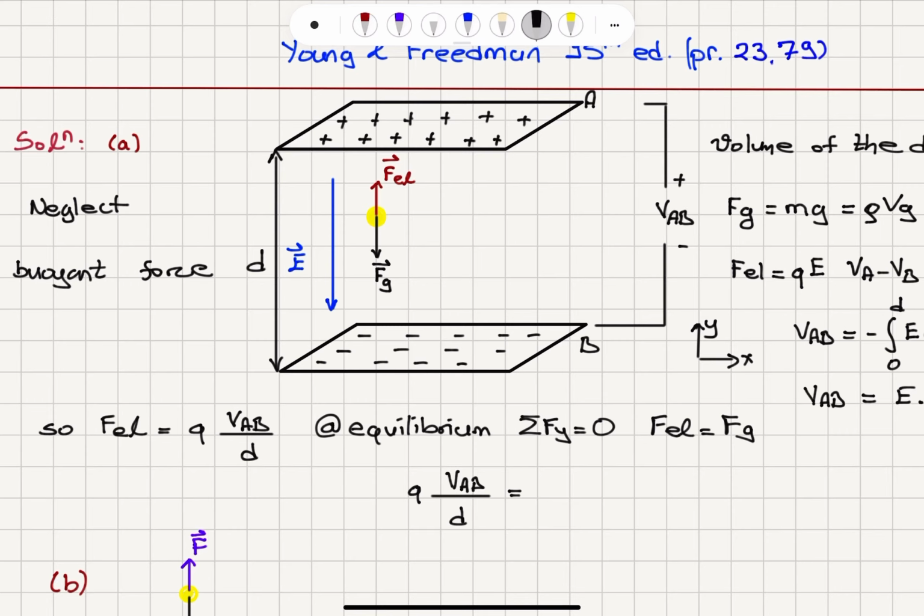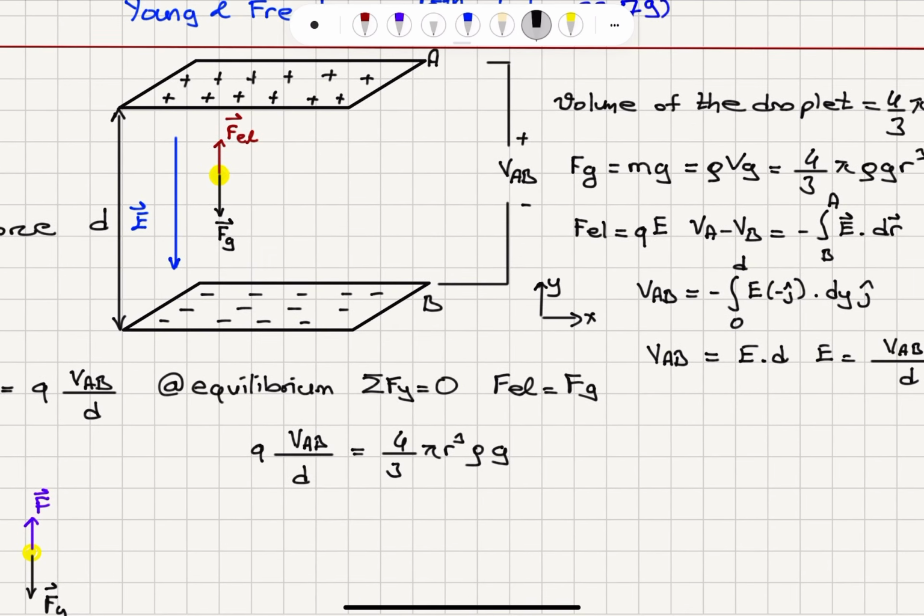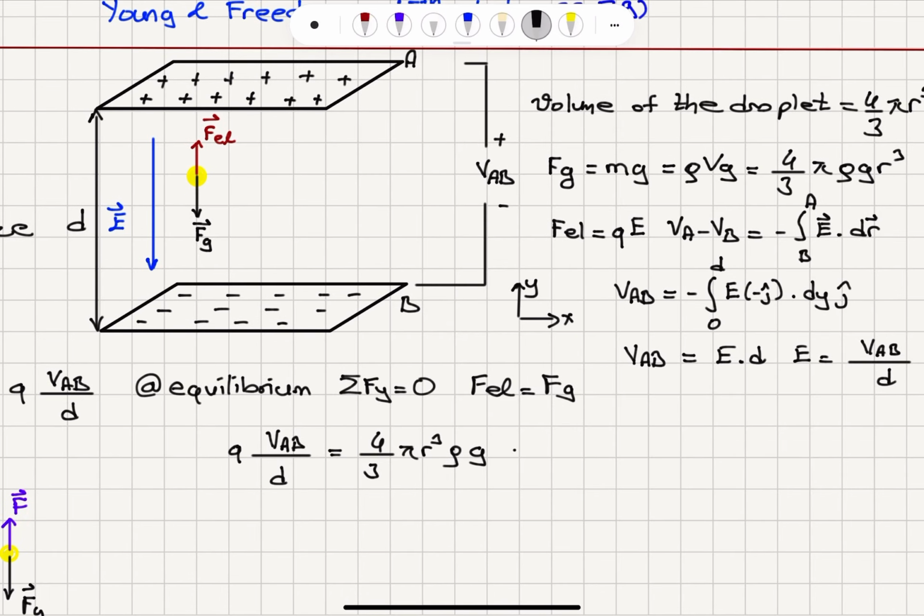The gravitational force, on the other hand, is its volume 4/3 pi r cubed multiplied by density, giving me the mass, multiplied by gravitational acceleration. So if I solve for q here, I will find that q, the charge on the droplet, is 4 pi over 3 rho r cubed g, multiplied by d because I will take it to the right hand side.